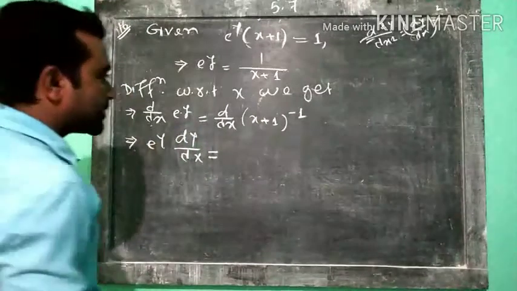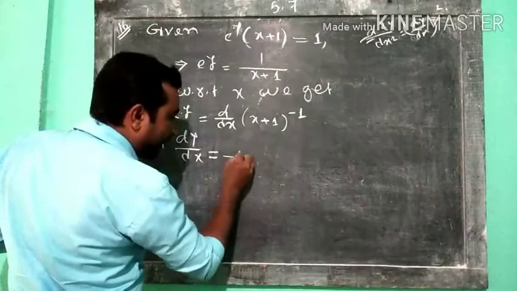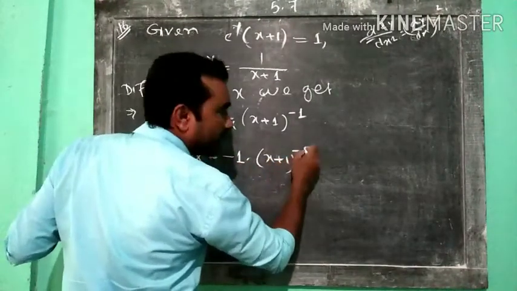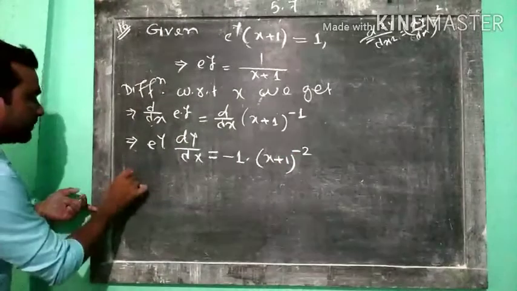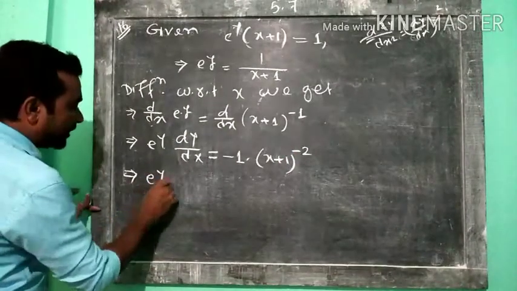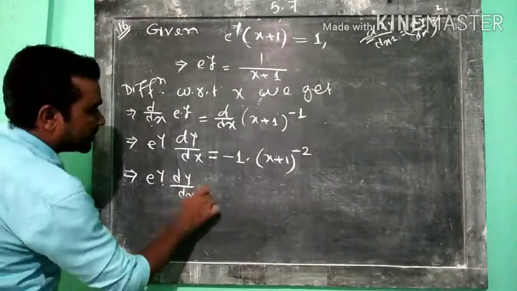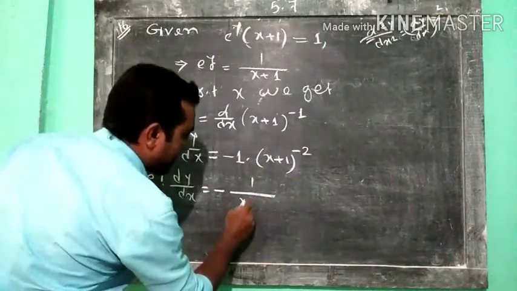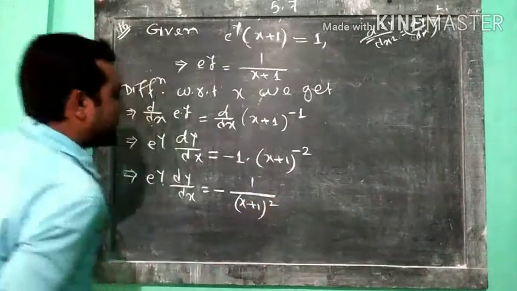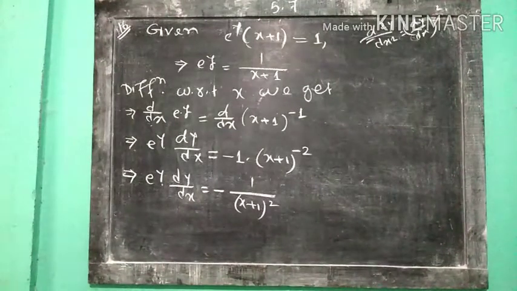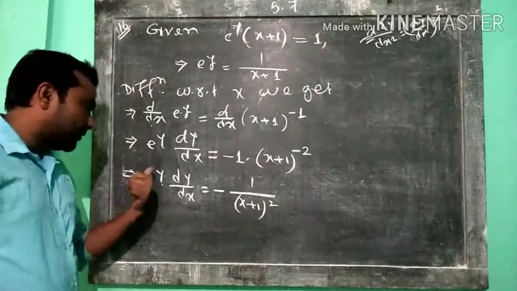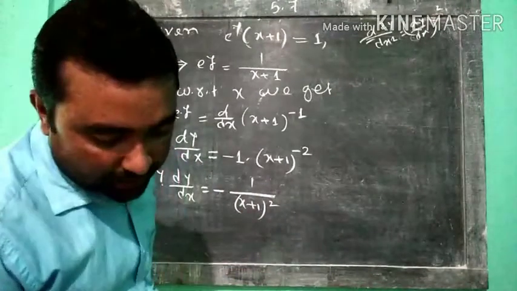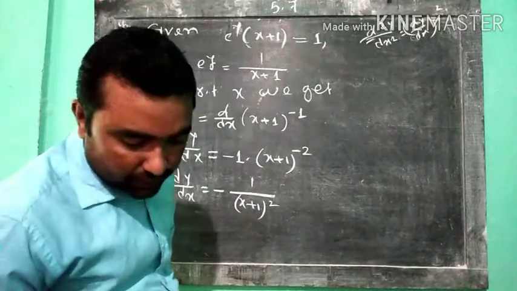If we differentiate e to the power y, we get e to the power y into dy/dx. This is equal to minus 1 into x plus 1 whole to the power minus 2. So finally we have e to the power y into dy/dx equal to minus 1 by x plus 1 whole square.